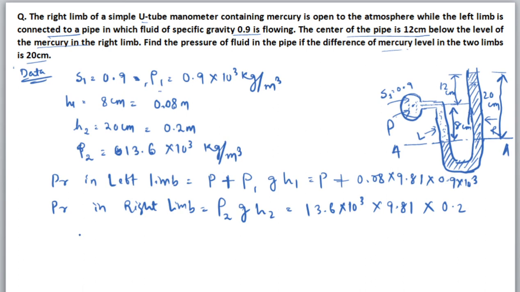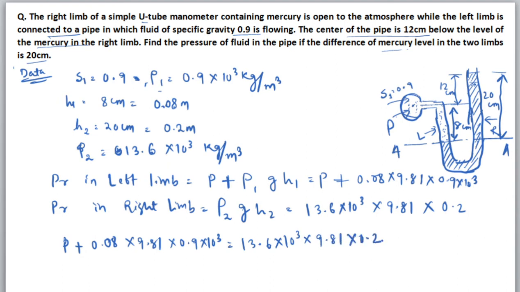Under the conditions of equilibrium, the pressure inside the left limb is equal to the pressure inside the right limb. So I can say P plus 0.08 into 9.81 into 0.9 into 10 to the power 3 will be equal to 13.6 into 10 to the power 3 into 9.81 into 0.2.